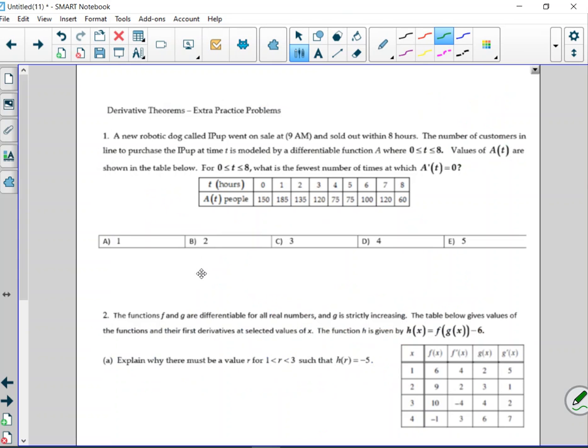Now, all of that being said, the IPUP problem here on the very back page is about proving or establishing how many times, the smallest number of times, we can get a prime of t equal to 0.